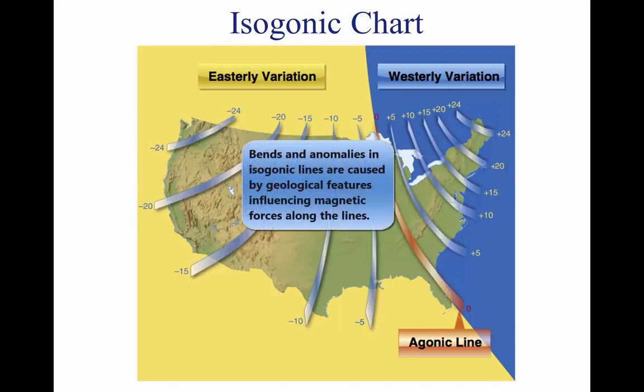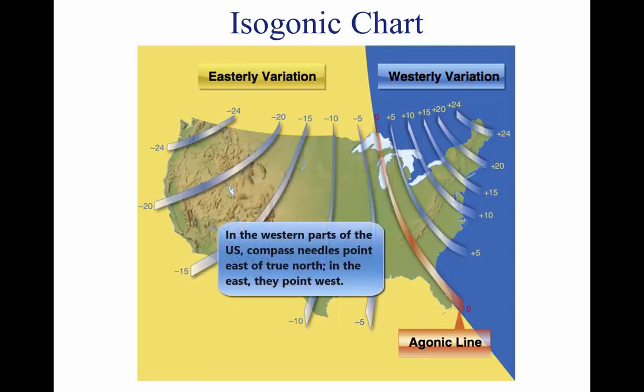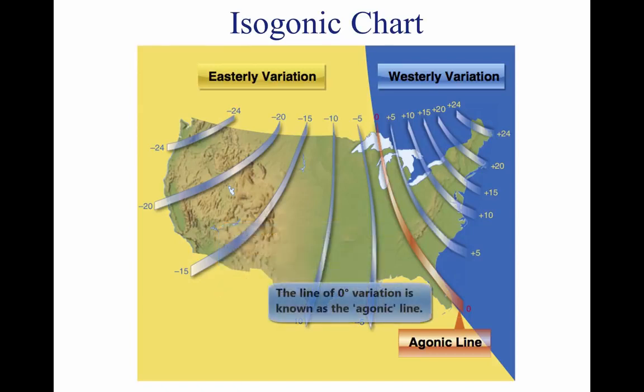Minor bends and turns in the isogonic and agonic lines are caused by unusual geological conditions affecting magnetic forces in these areas. On the west coast of the United States, the compass needle points to the east of true north. On the east coast, the compass needle points to the west of true north. 0-degree variation exists on the agonic line, where magnetic north and true north coincide.